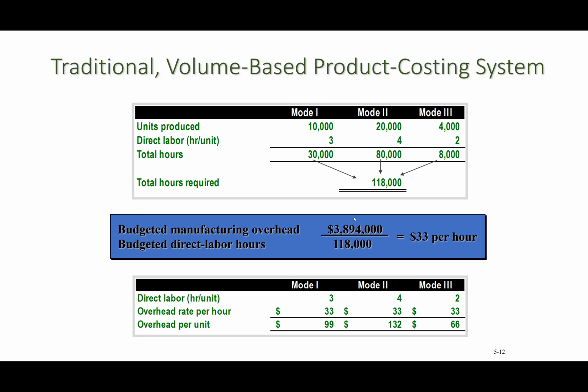And since our total overhead cost is $3,894,000, divided by 118,000 hours, on average we have $33 per labor hour, all right?